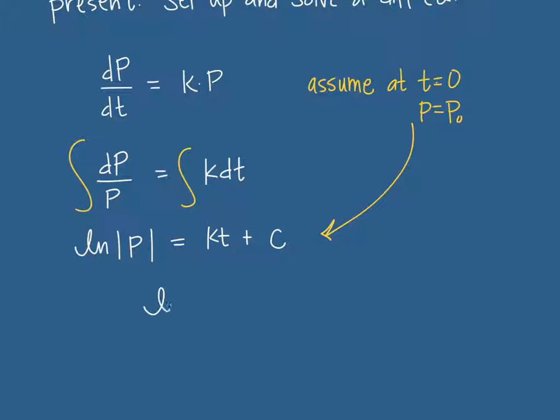So we'll have the ln of the absolute value of P sub 0 equals k times 0 plus c. Now, do we still need the absolute values around the initial population? Population is assumed to be a positive number, or at least 0, okay? And so we can just say the natural log of the initial population is equal to c. So there's our constant.